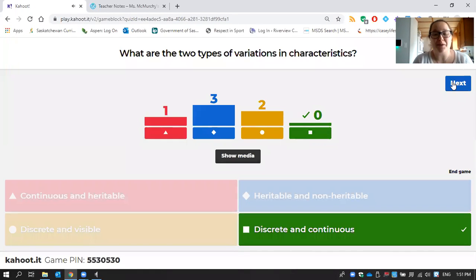That was very tough. Okay, so just talk about this one here. We can break down variations in characteristics, or break down traits, into being either discrete or continuous. That's also some math language that you might see when you start your graphing units. Discrete means that there are exact answers and nothing in between.